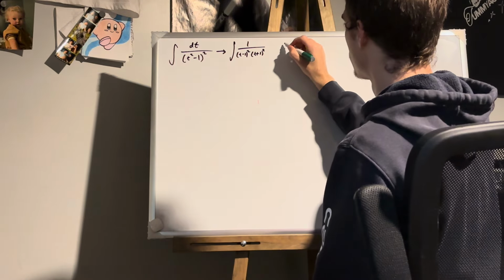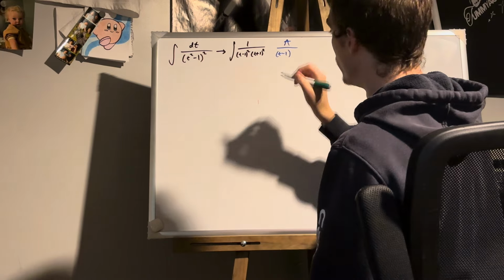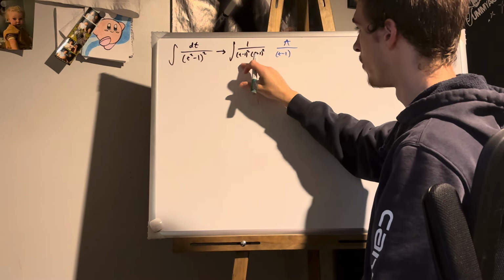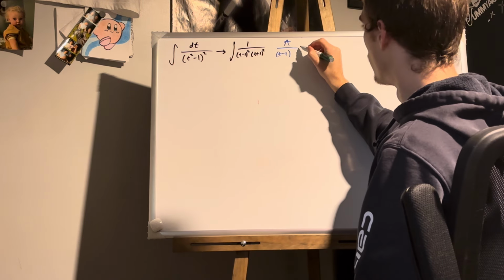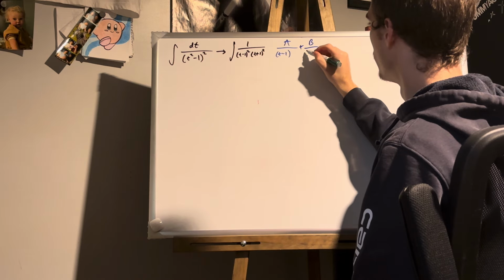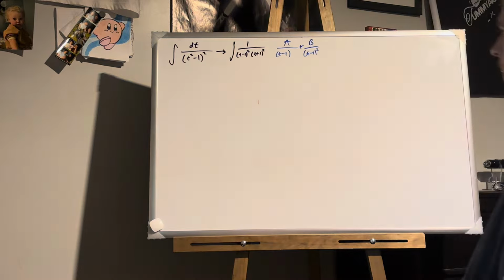So I'm going to use blue here for this step. So this is going to turn into a over t minus 1, okay? Because that power is being applied to the whole inner function, not just the inner function being a quadratic. So this is going to build up to that power.